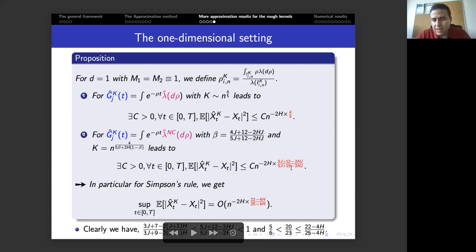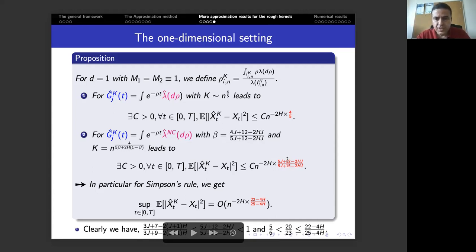So we still have the same behavior. It means that when I let G tend to infinity, so I take more and more points in my Newton-Cotes approximation, then this ratio tends to 1, so I recover the optimal rate.